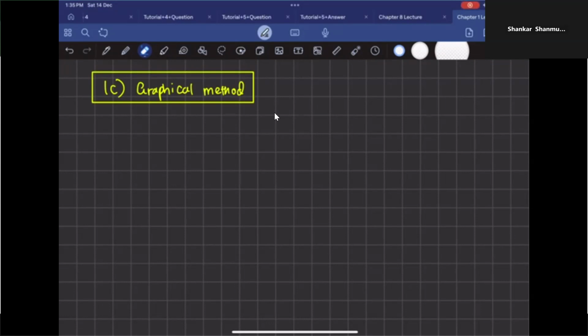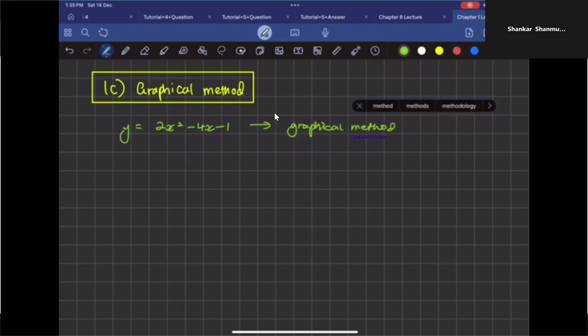So if I have this equation, for example, y is equal to 2x squared minus 4x minus 1, and I'm told to solve this using graphical method. Okay, the question will give you a range of values for x.